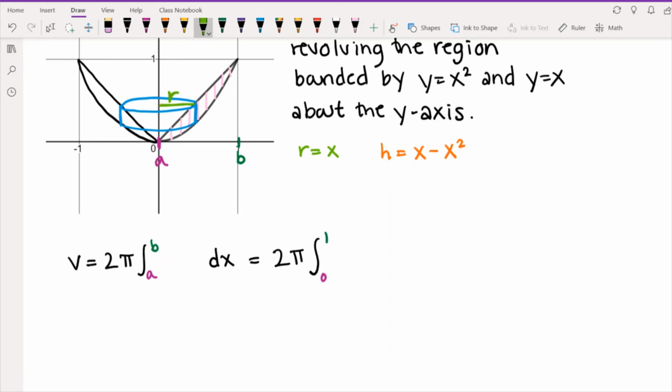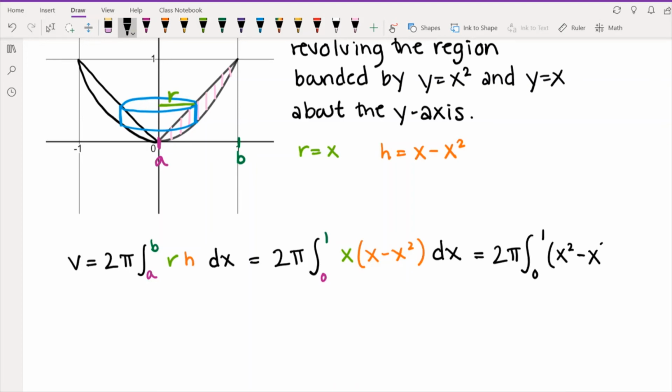The radius is just x, and then the height is x minus x squared. So that simplifies to 2 pi times the integral from 0 to 1 of x squared minus x cubed dx.